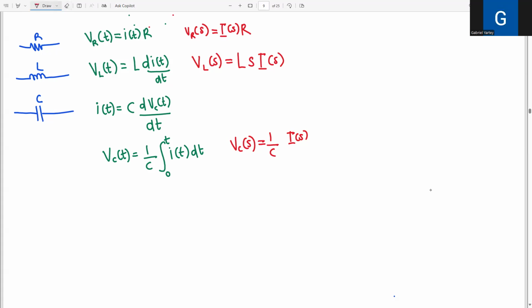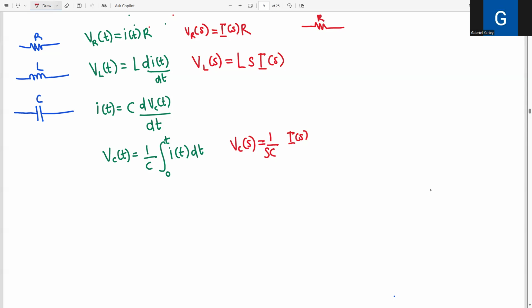And then s. So we can see that if you want to represent these passive components in the s domain, the resistor in the Laplace domain is still R. Nothing changes.